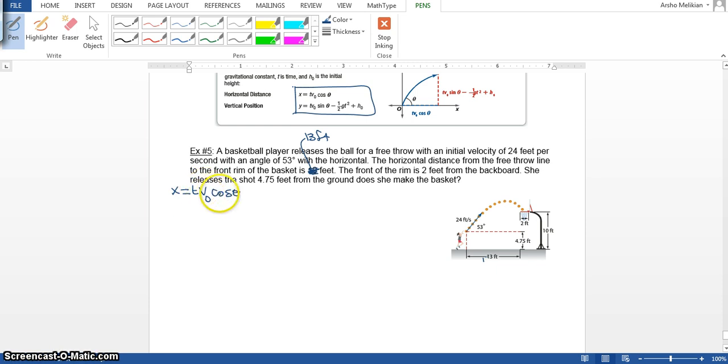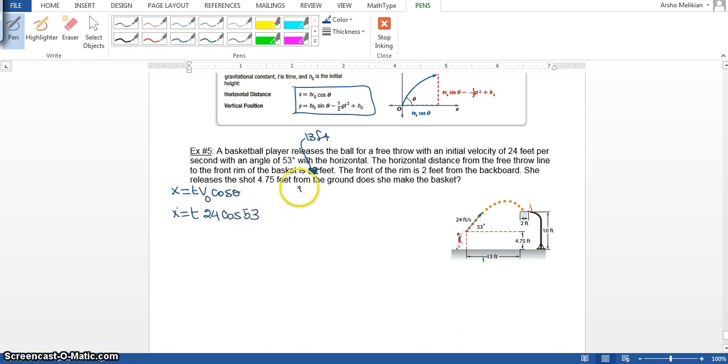So let's see everything that we have. x is equal to t; we want the variable t to be in there. Initial velocity is 24. Cosine theta is cosine of 53.